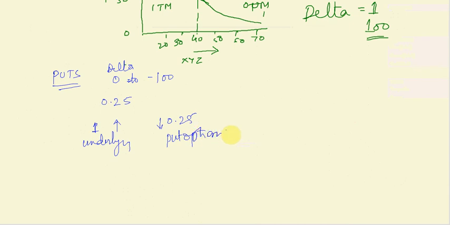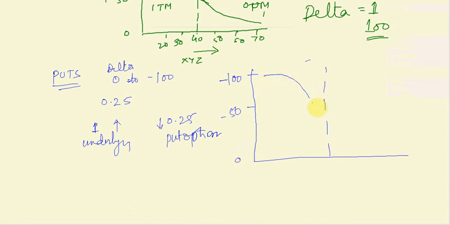And again, same thing over here. I can draw a graph for the delta of a put option. It'll change to minus 50, 0, and everything will remain the same. I'm sorry, it should have been more here.